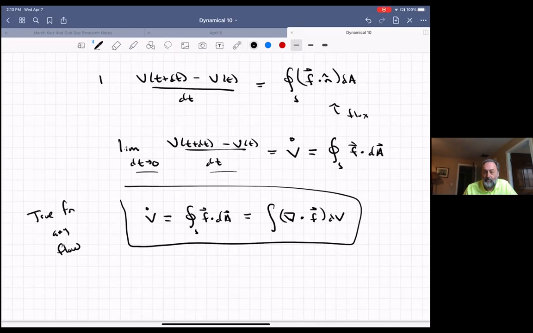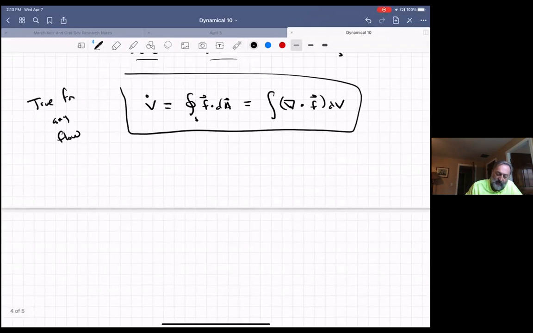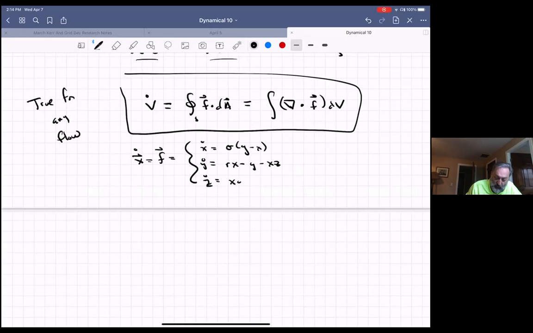So the Lorenz flow, x vector dot was F vector, is x dot is sigma times (y minus x), y dot is rx minus y minus xz, and z dot is xy minus bz.